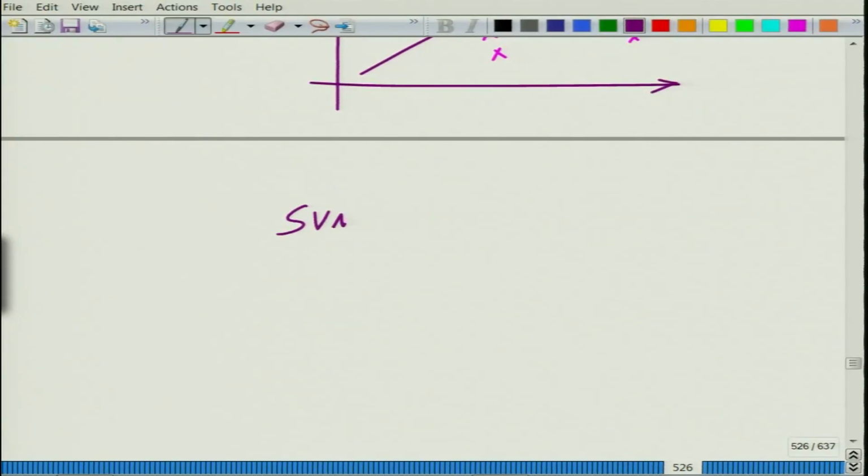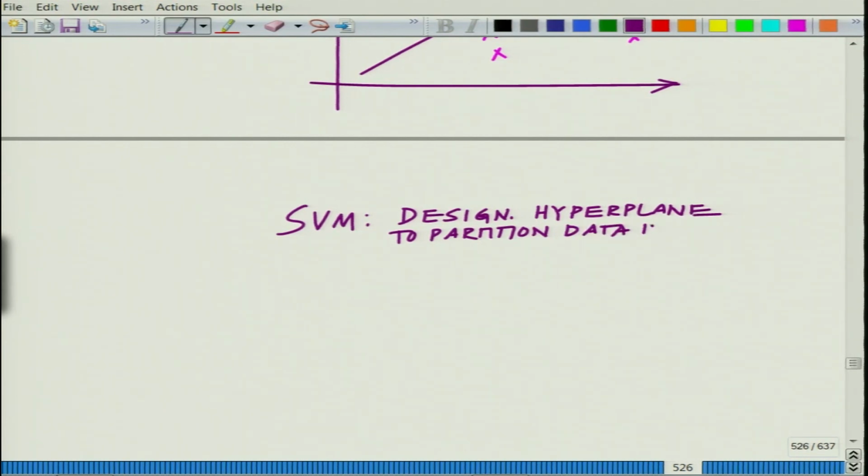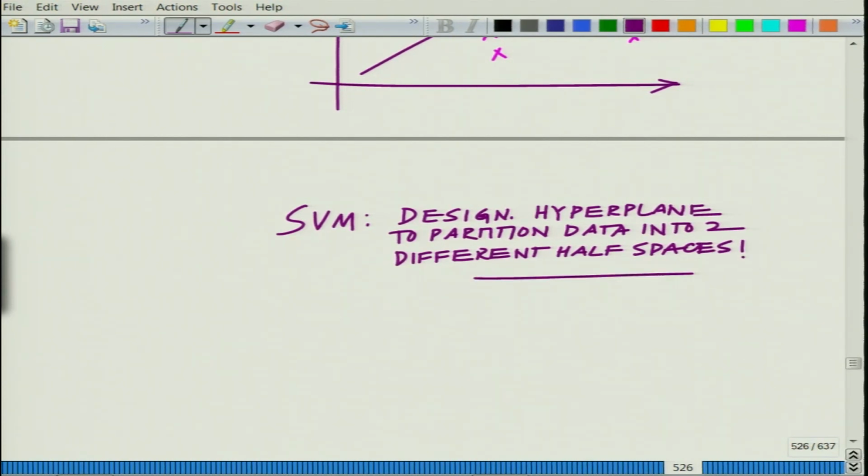So, what is SVM doing? The support vector machine designs a hyperplane to partition the data into two different half spaces.